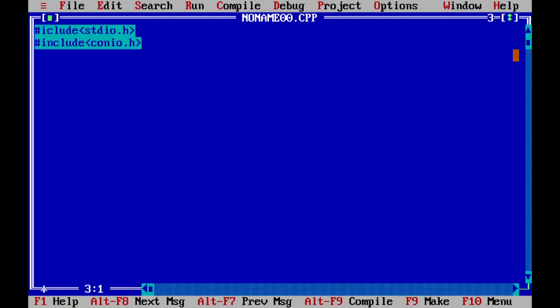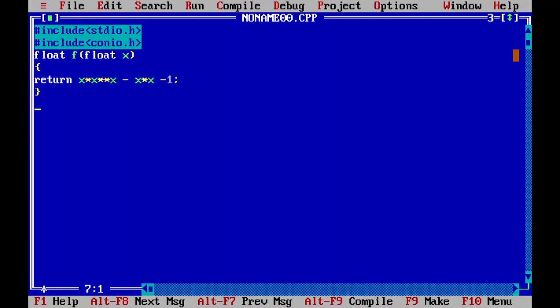Now I want to define a function, float f(float x), which returns x * x * x − x * x − 1.